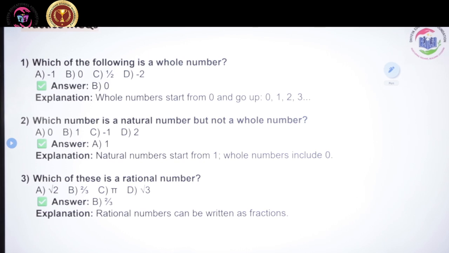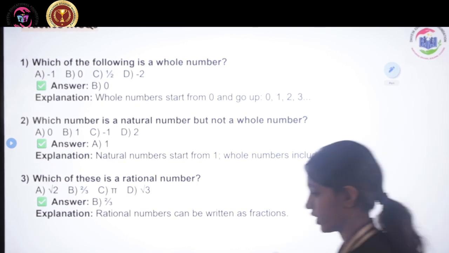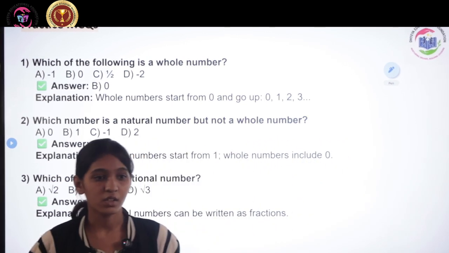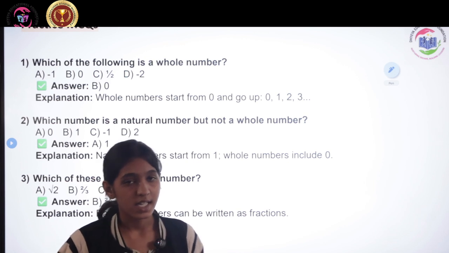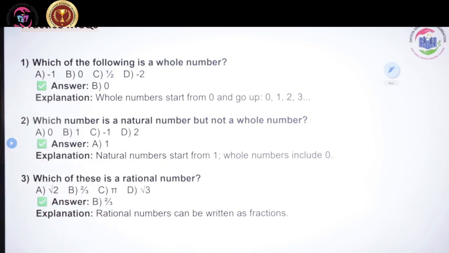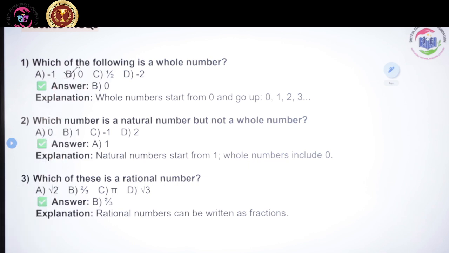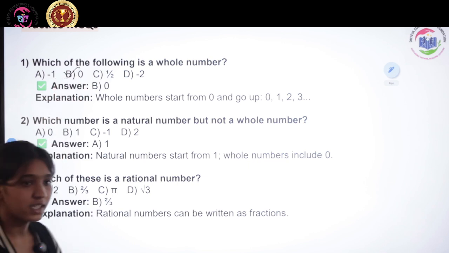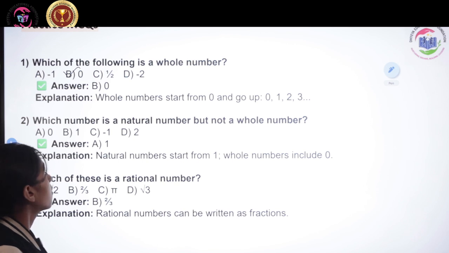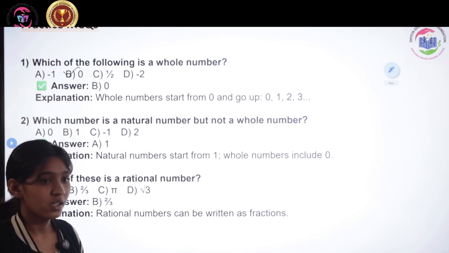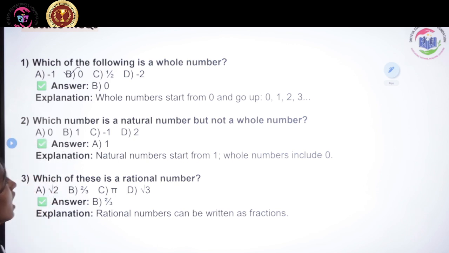First of all, whole numbers start from 0 to infinity, but do not include negatives and decimals. B is the whole number, because -1 is negative and is an integer, 1 by 2 is a rational number, and -2 is an integer. 0 is the only whole number.